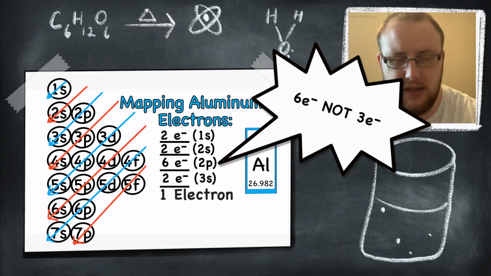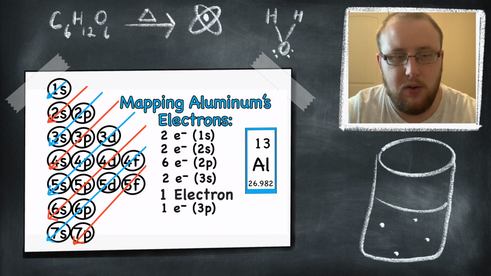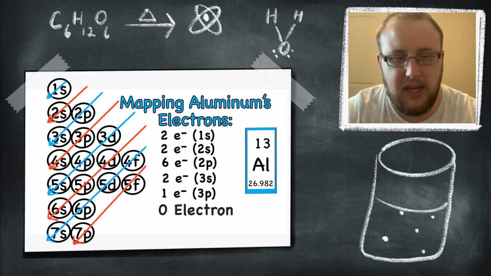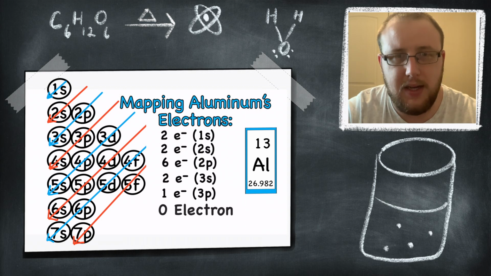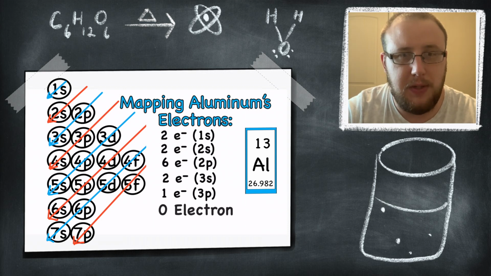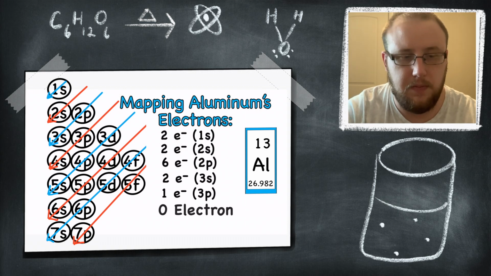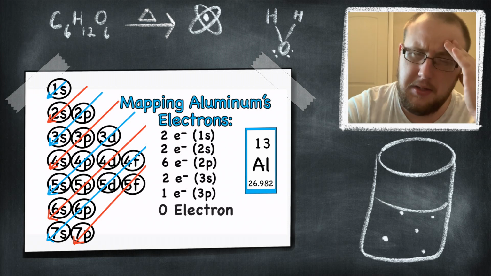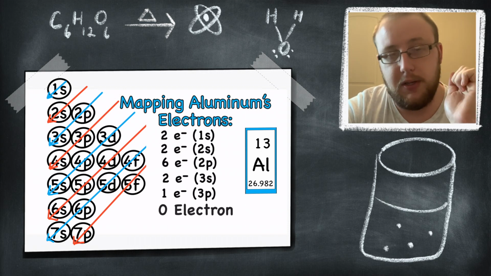That means we need to at least go into the 3p orbital. So that gives us our electron configuration of 1s, 2s, 2p, 3s, 3p. I know that sounds like, what the crud just happened? But just follow with me here.